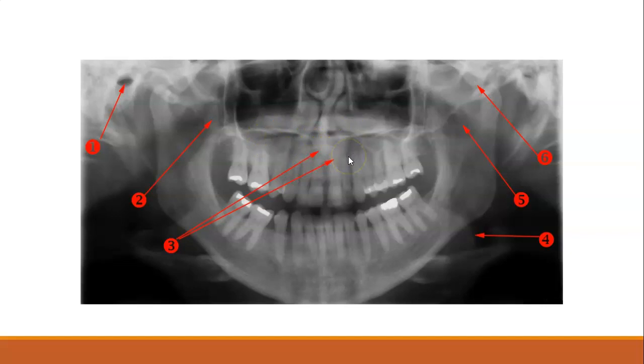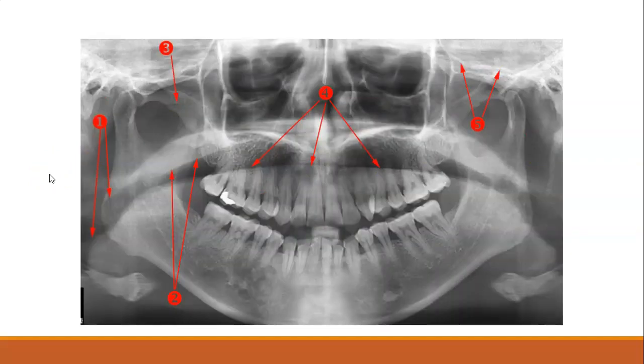And the posterior surface of the tongue is 4. We get a little bit of the tongue here, soft tissue. The sigmoid notch or the mandibular notch here is 5. And the articulating eminence is right up here.